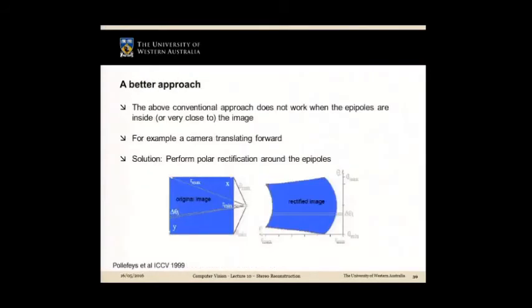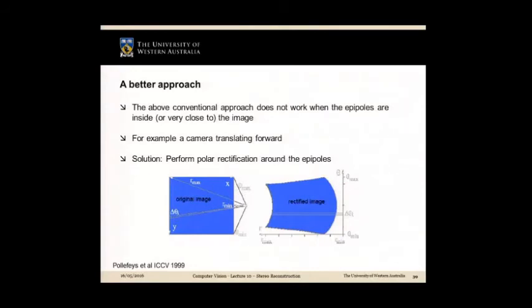Now, this whole process was actually a conventional image rectification process that was previously used when the stereo vision concept was introduced. But the problem with this method is it does not work when the epipoles are inside the image.